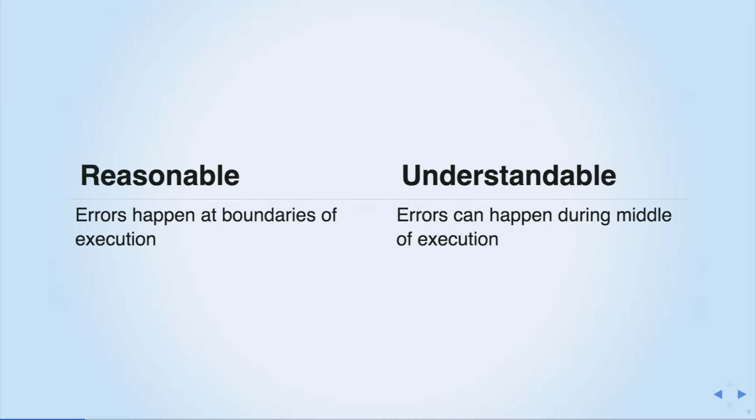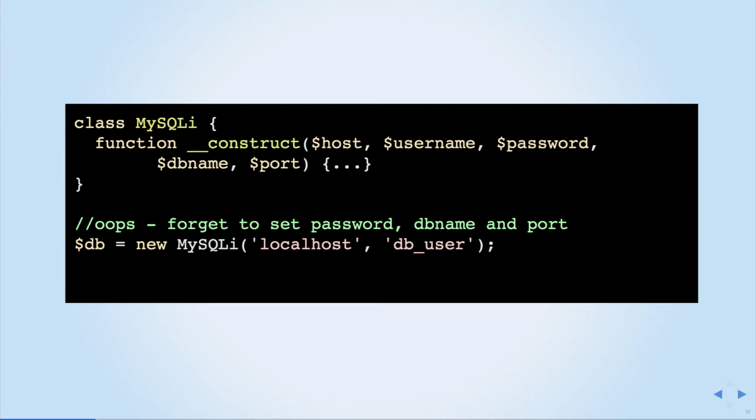The second difference between reasonable and understandable code is that for reasonable code, errors happen at the boundaries of execution. For understandable code, errors can really happen anywhere. So here's some code that's got a bug in it. We've forgotten to pass in the password, database name, and port when creating the mysqli object.